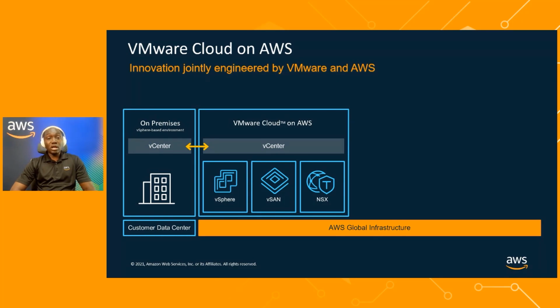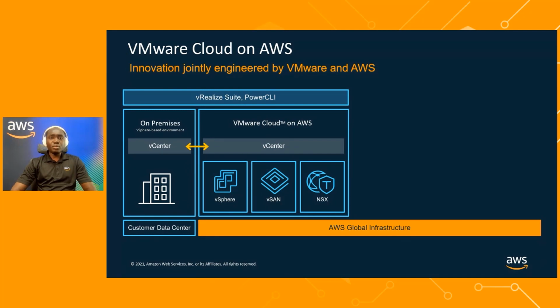Additionally, all applications that customers use on premises that is supported by VMware also runs seamlessly on VMware Cloud on AWS. If customers are using tools such as vRealize Suite or other third-party vendor tools that are supported on VMware, we give you the operational consistency of running applications in both environments.